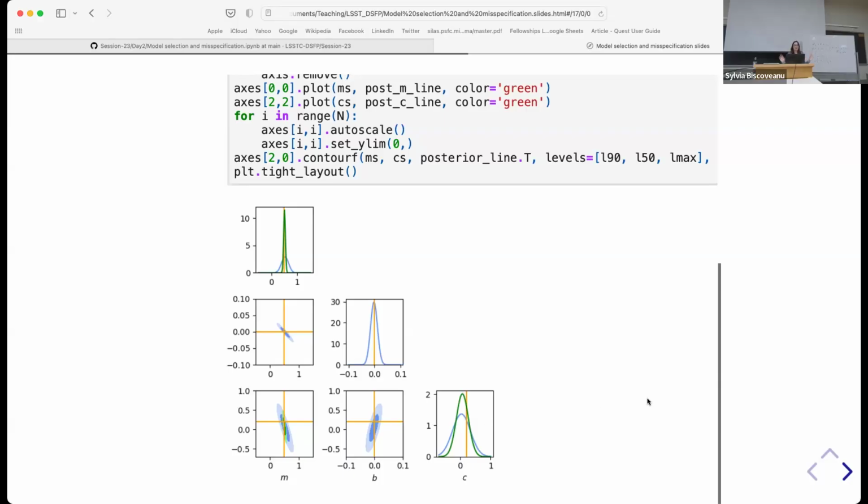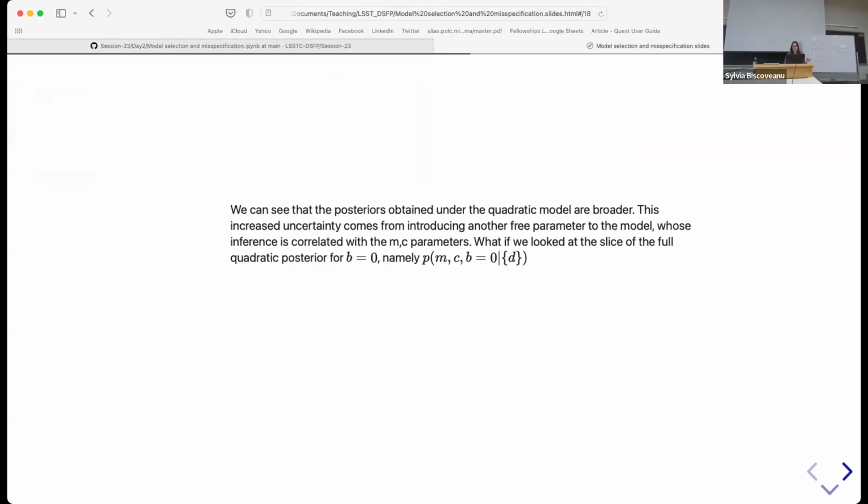But just to make sure that our results are sane, we're going to go back and look at the slice of our three-dimensional posterior where our quadratic term is exactly 0. And this should, if everything is going right, be exactly equal to the posterior that we got under the linear model. We've already calculated the full 3D posterior, so we don't need to do it again.